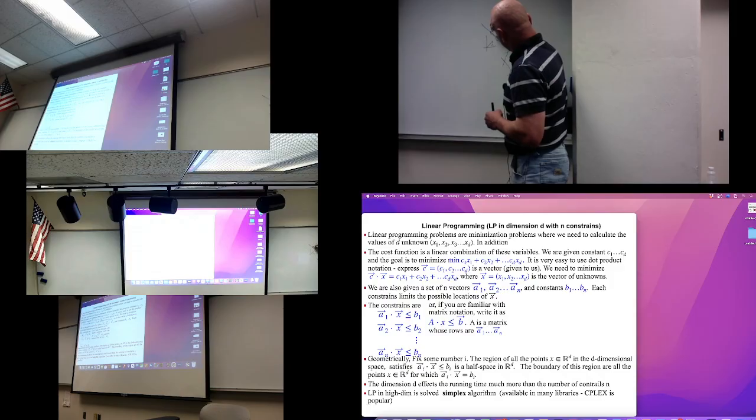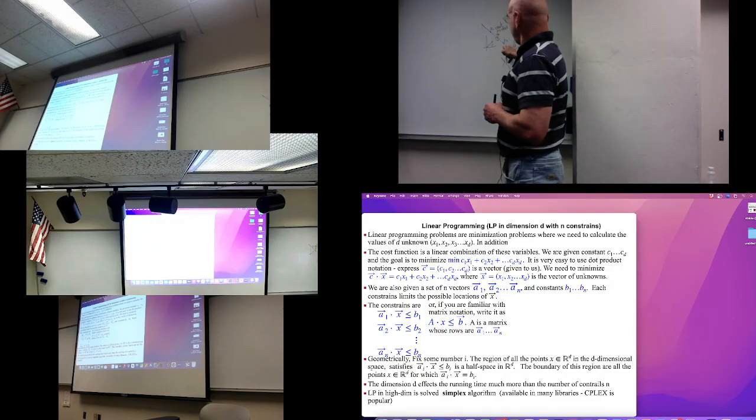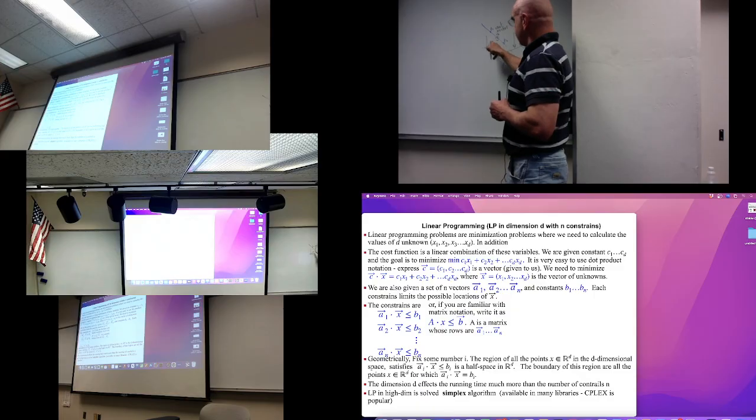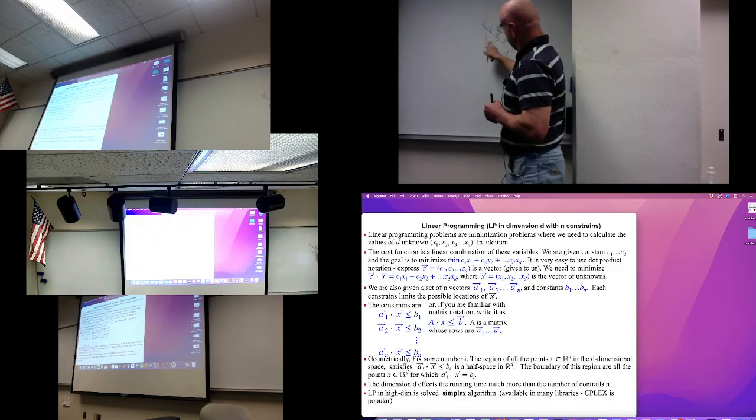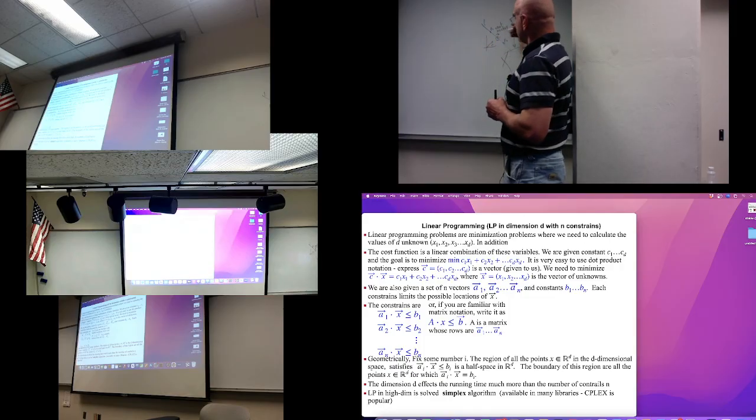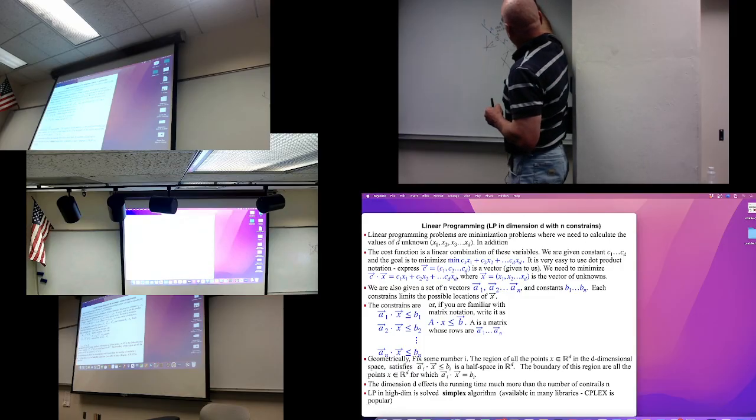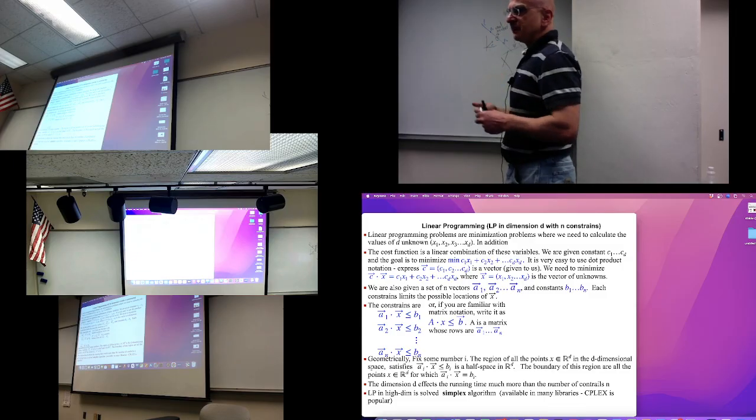So if I have P1 and P2 on this line, I don't know that they are the optimal one, but since this line L is orthogonal, 90 degrees, to C, then P1 times C equals P2 times C. I have the same revenue.